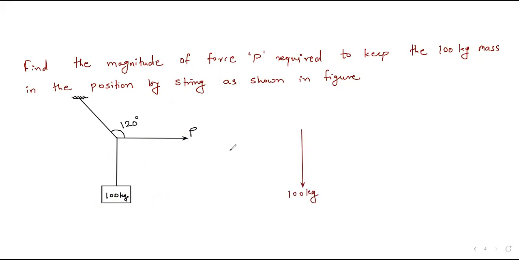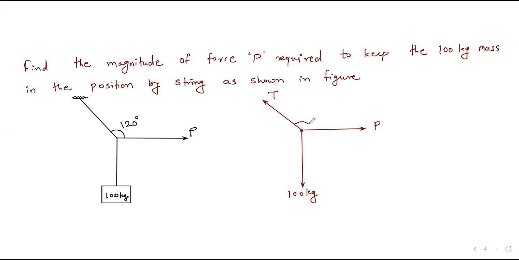Then here is my force P. This is the force P. And I have already told you that a string always carries a pull force, a tensile force. A string cannot apply a push force. It cannot push on any object. Pull means the arrow is outward, away from the point. So this is the pull, and I will call this T.